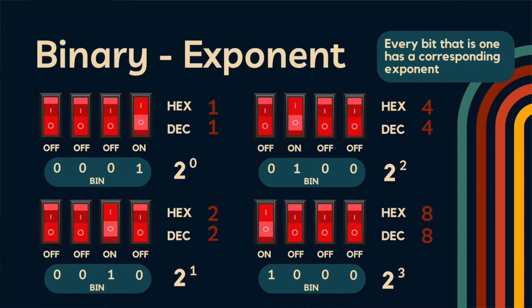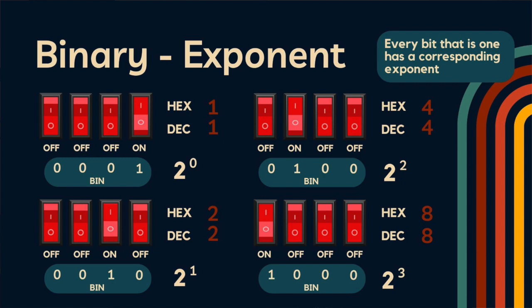For the next bit over, 0100, you have 2 to the second power, or 4, and the next bit up is 2 to the third power, or 8.